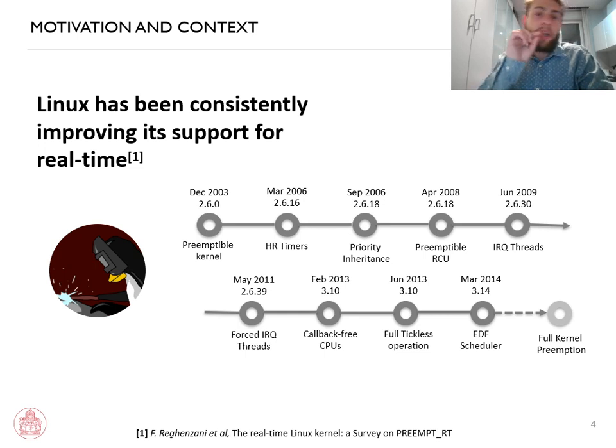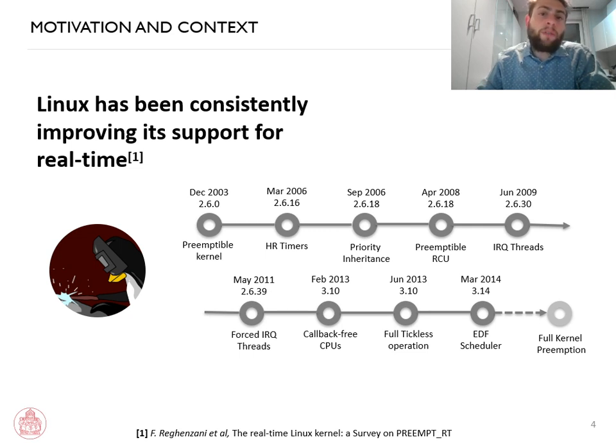I won't analyze the checkpoints one by one, but the most recent was the merging in mainline of the sched deadline policy that implements an EDF scheduler based on the CBS algorithm to provide temporal isolation among tasks. Much effort was placed by this community to increase the relevance of Linux as a suitable platform to develop real-time applications.